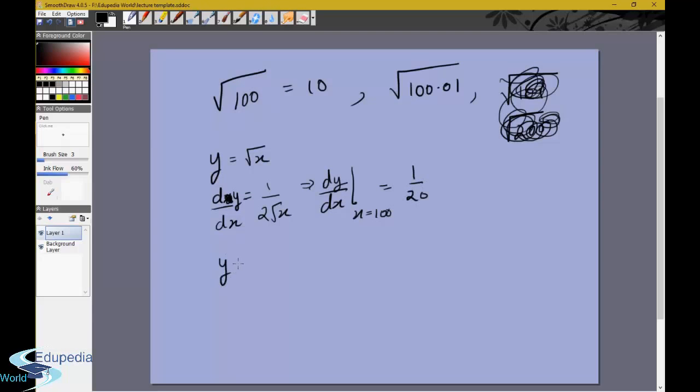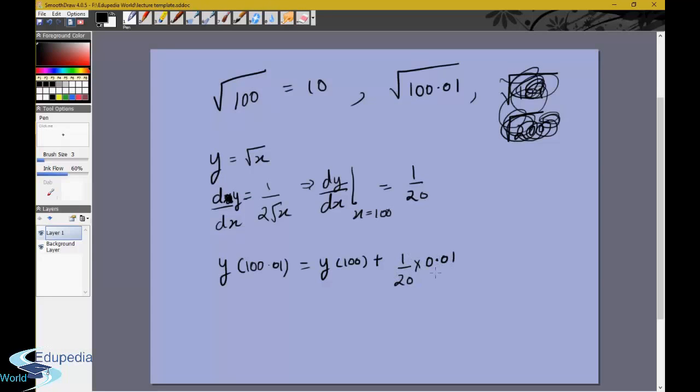Now we'll just write the equation: y of 100.01 is equal to y of 100 plus, and here is the approximation we make, that between x is equal to 100 and x is equal to 100.01, dy by dx does not change much. It remains around 1 by 20. So 1 by 20 times the change in x, which is 0.01, right?